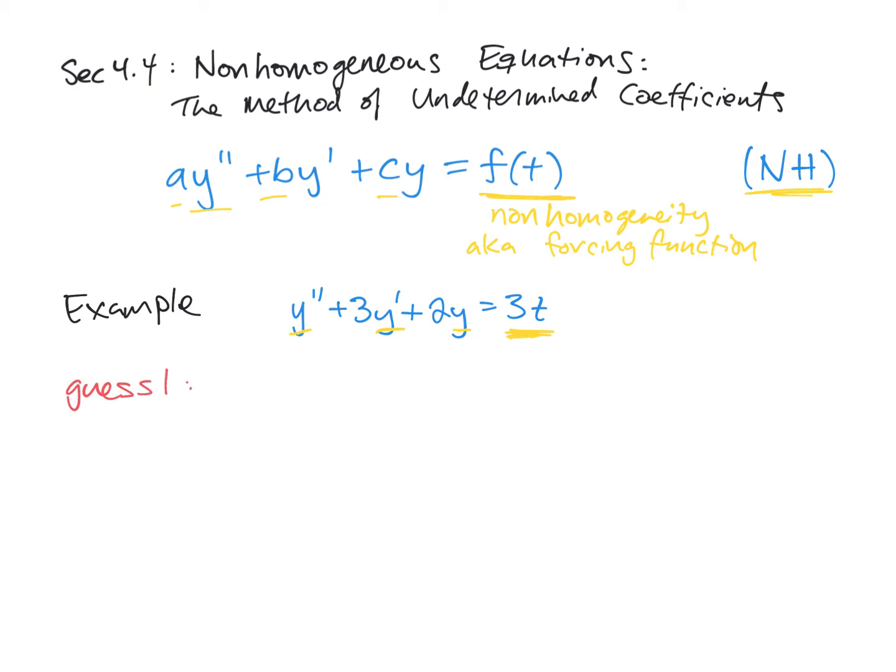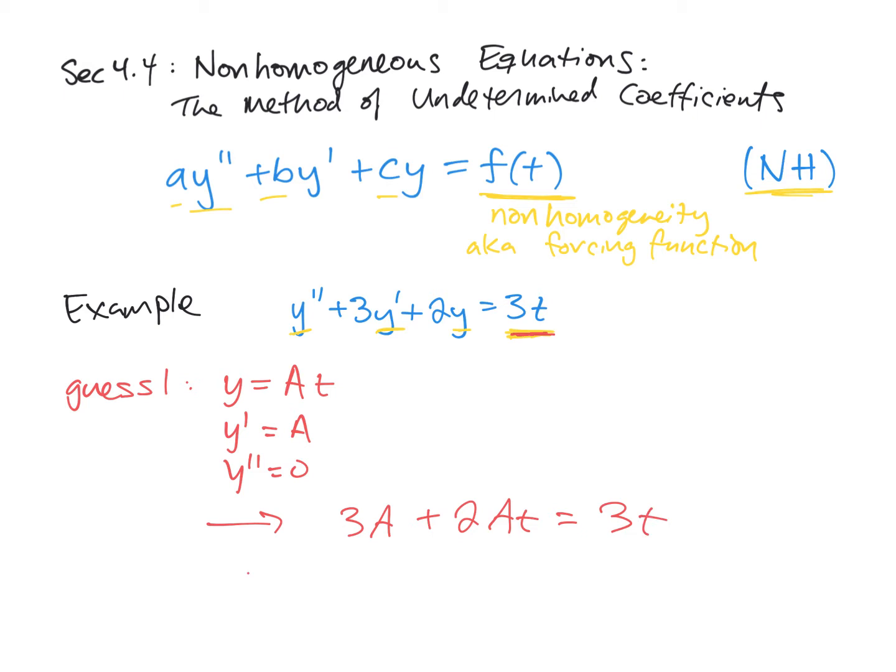Guess one. Let's say it's something that looks just like 3t, so some a times t, where a is a constant. Then y prime equals a and y double prime equals 0. When you add them all up, you get 3a plus 2at equals 3t.